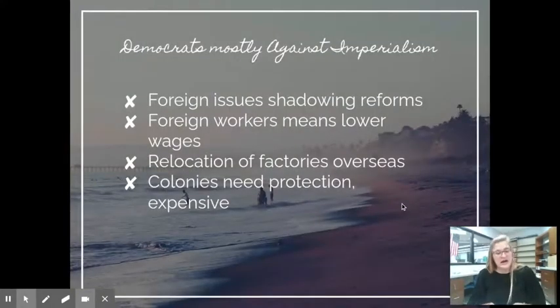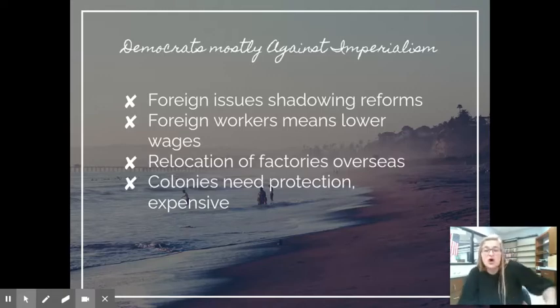So Democrats were mostly against, tended to be anti-imperialist, especially William Jennings Bryan, who's lost the presidential race a few times at this point. They feared that foreign issues would overshadow the progressive movement, where things need to get done here. They feared that the subjugation of foreign workers would lower wages.